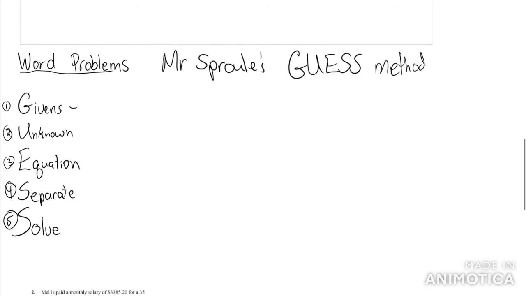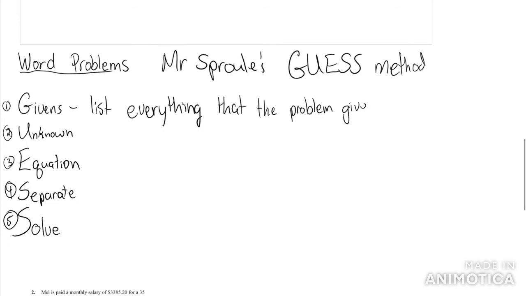So the first step for givens is list everything that the problem gives you that is relevant. So relevant for solving our problem.